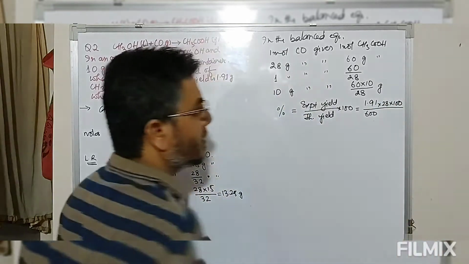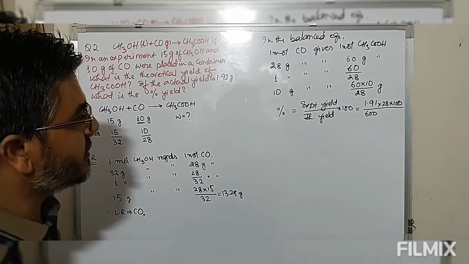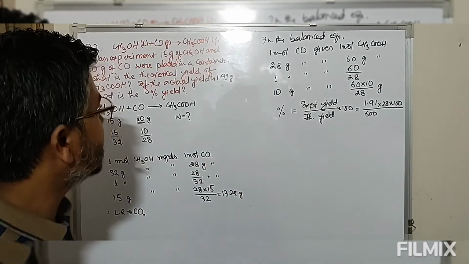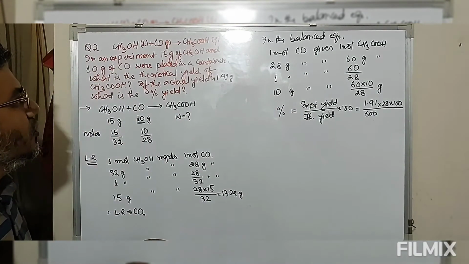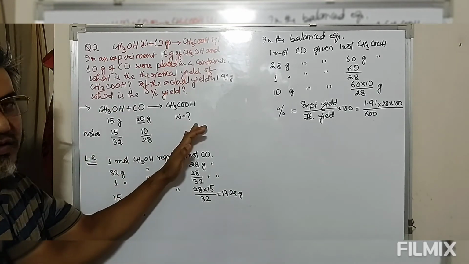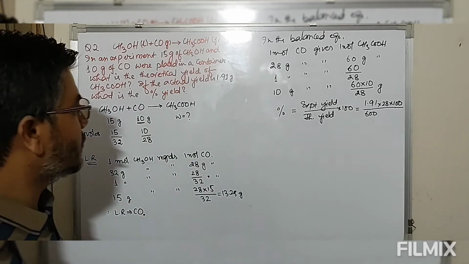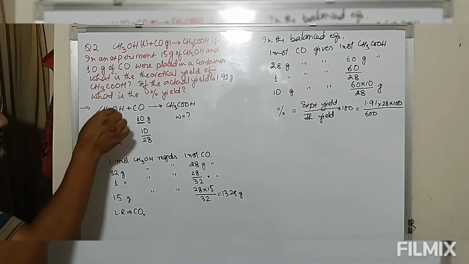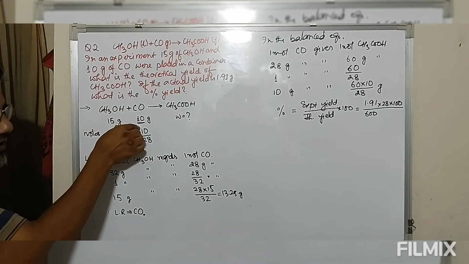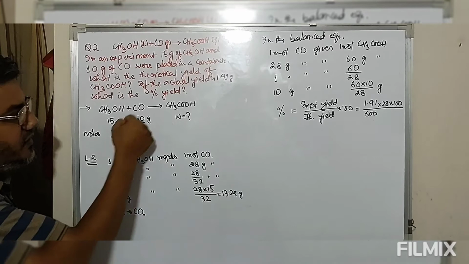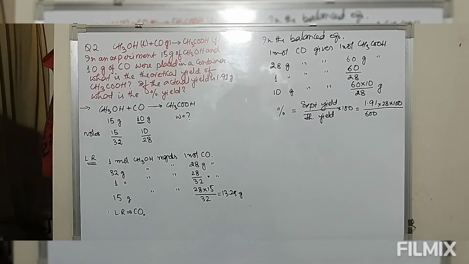This is the theoretical value. This gives you the expected yield from the stoichiometric ratios. So first we find out the limiting reagent. From this limiting reagent we define the mass of the product that could be expected from the stoichiometric ratio.